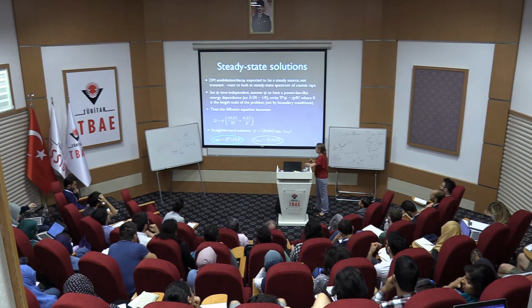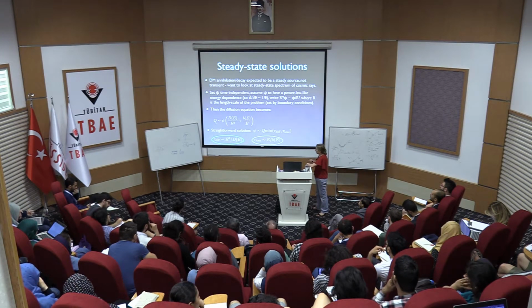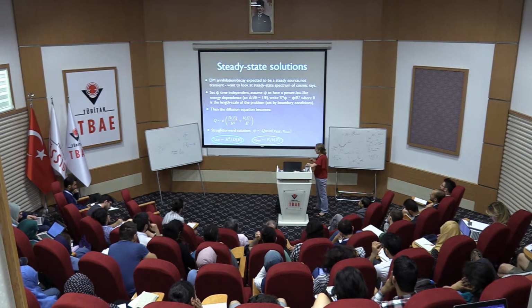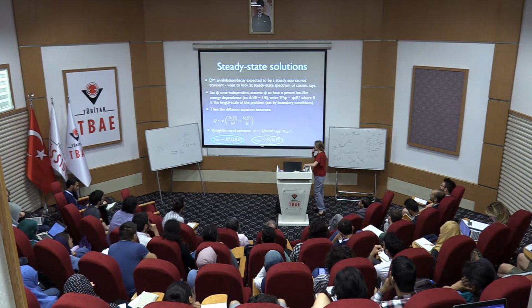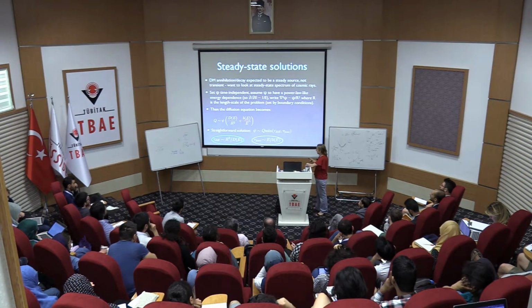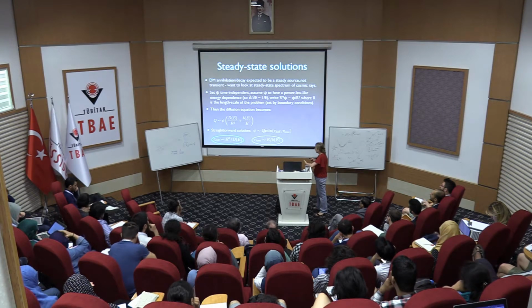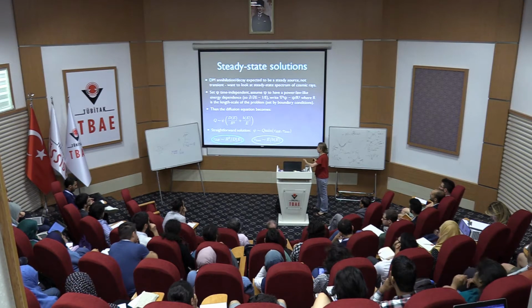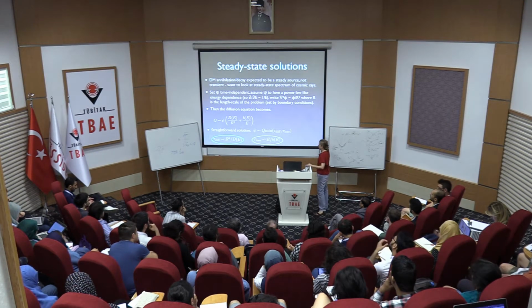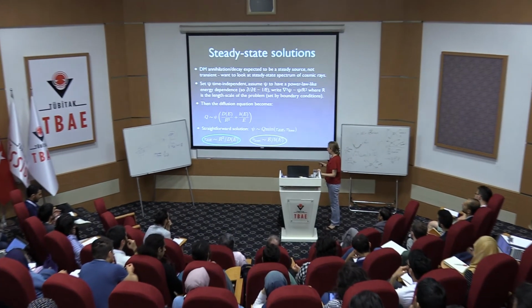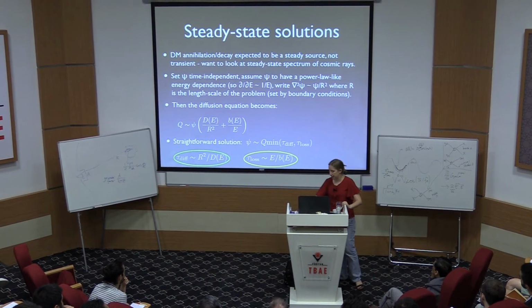So that gives you a simplified version of the diffusion equation, where the source is just set equal to the steady state spectrum times a loss term from diffusion, which is energy dependent, and a loss term from energy losses. Which one of these processes is faster then basically determines the steady state spectrum: it is going to be the injected spectrum of cosmic rays multiplied by a factor which is just set by the time scale for diffusion or the time scale for loss, whichever of these is faster.